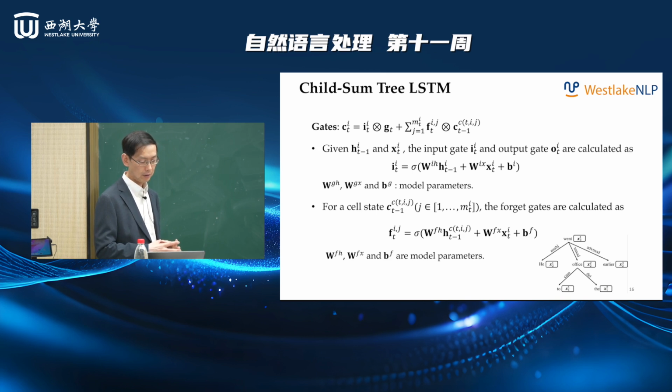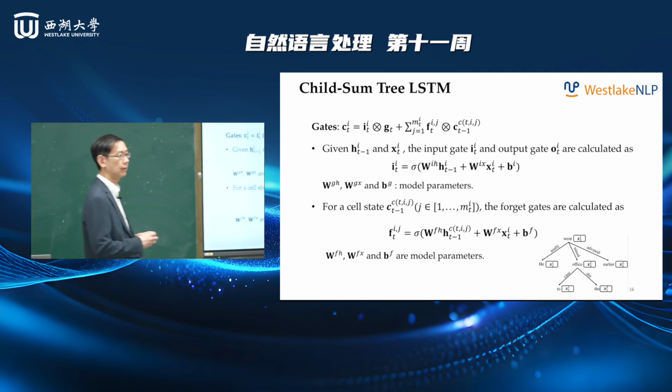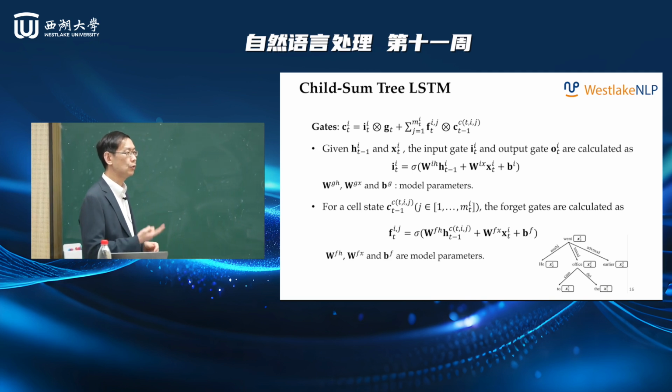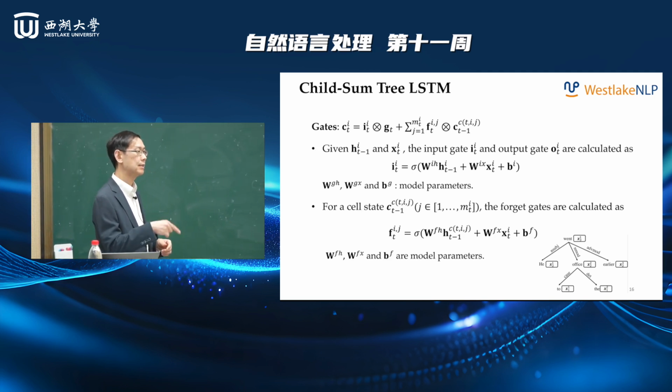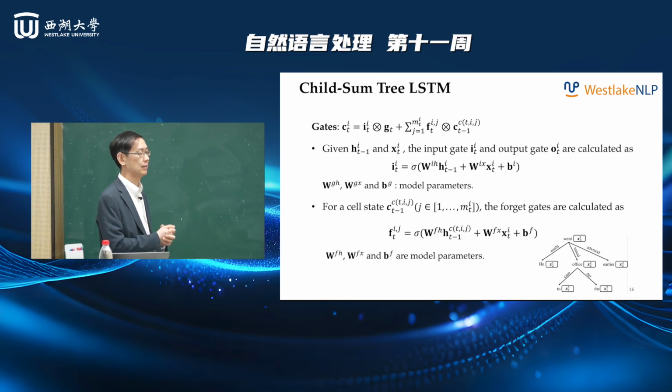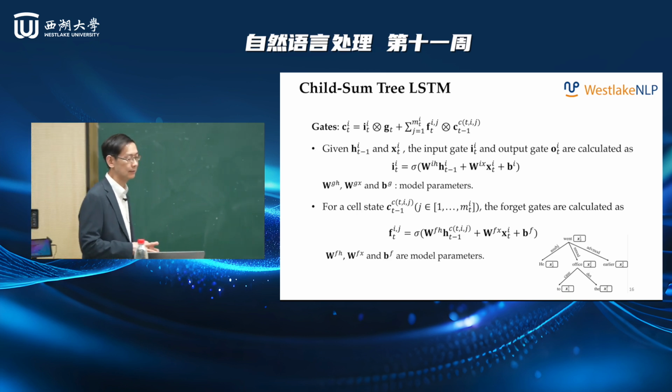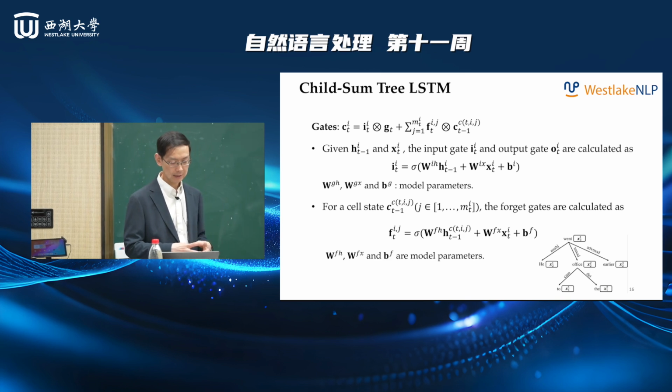However, you can note that there is a difference, and the difference is in the H. When you calculate the forget gate for a cell, you use its corresponding hidden state, rather than the aggregated hidden state. So I'm using h_{t,i-1,j} and c_{t,i-1,j} for the forget gate j, and the remaining is the same.